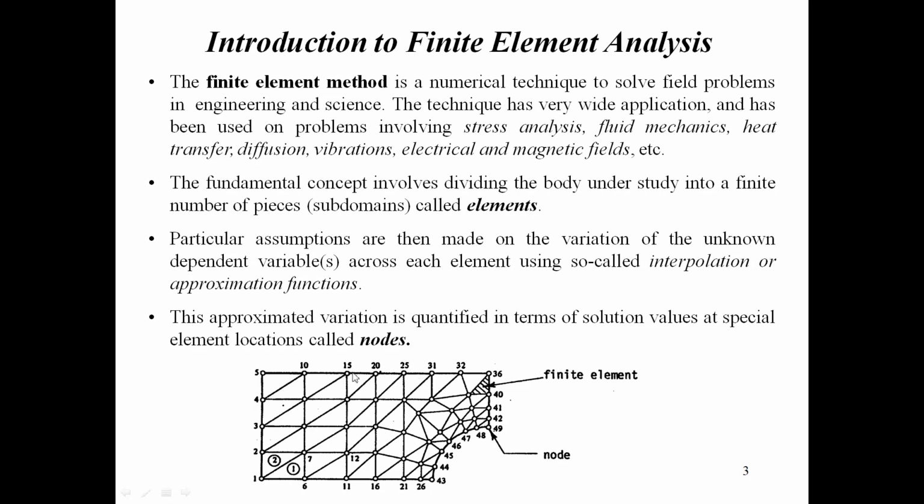The points shown in circles are the nodes, numbered 1, 2, 3, 4, 5, 10, 15, 20, 25. Each triangle part is an element. Particular assumptions are then made on the variation of the unknown dependent variable across each element using so-called interpolation or approximation functions.